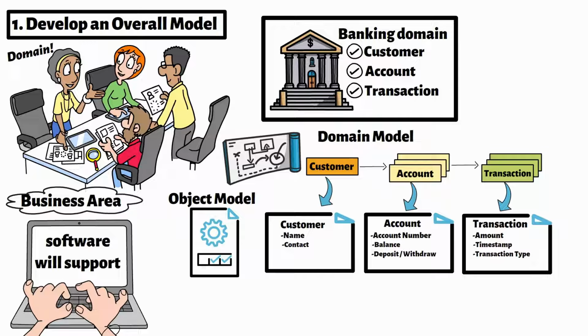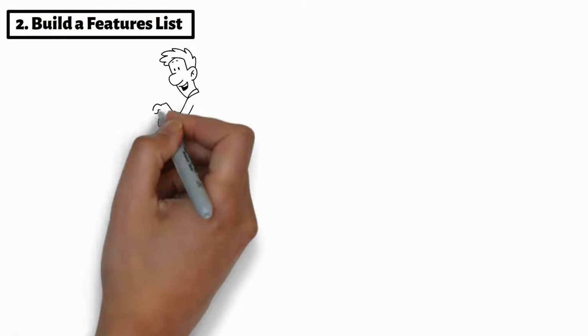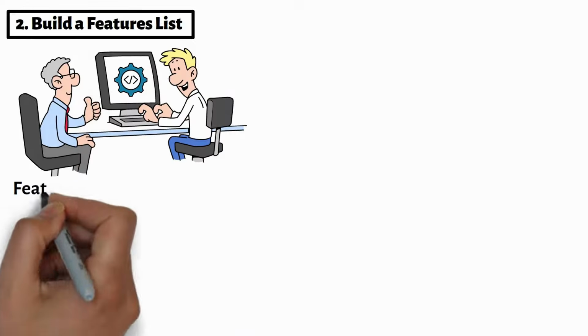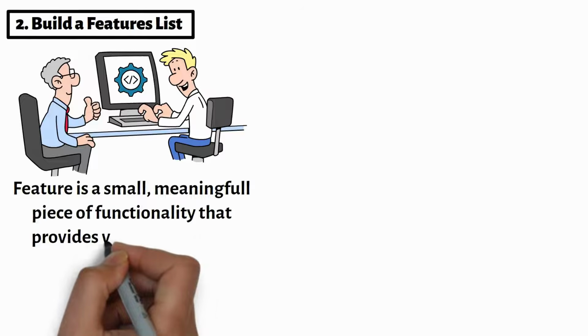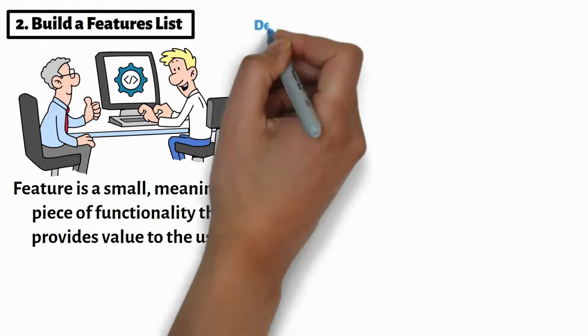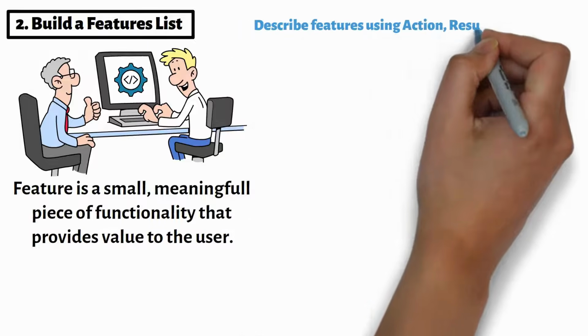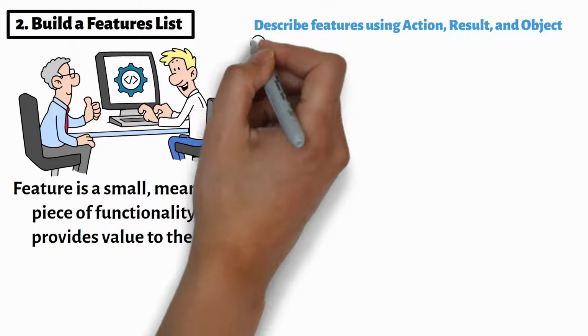Once the overall model is defined, the next activity is to build a features list by identifying all the features the system needs to deliver. A feature is a small, meaningful piece of functionality that provides value to the user. FDD uses a consistent format to describe features, which is action, result, and object. Here are some simple examples.